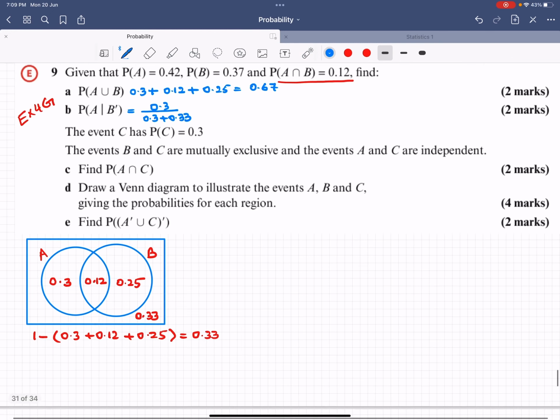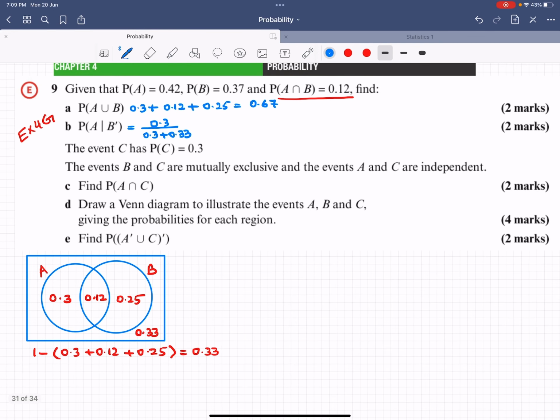If we understand that A given B complement is the same as A intersection B complement divided by B complement, we can use this formula and get the same result, and once we simplify, we get 10 upon 21, and that equals 0.476. That answers for part B.